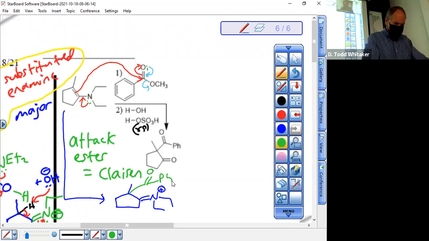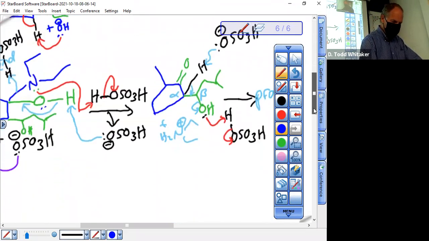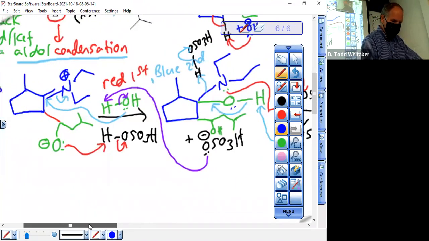So the top part of the molecule looks great. It's got what we need. The bottom part has to break apart using water. What's that called? Breaking apart using water. Hydrolysis. Once again, we had hydrolysis already. We did acid base here.